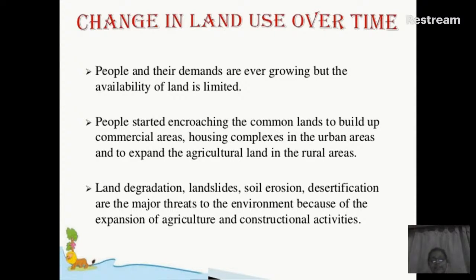So people started encroaching on common lands to build commercial areas and housing complexes in urban areas, and to expand agricultural land in rural areas, right? So today, the vast changes in the land use pattern also reflect the cultural changes in our society.